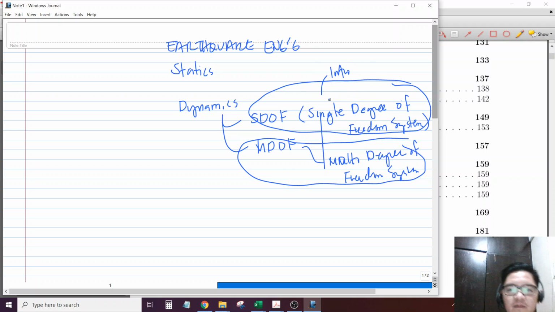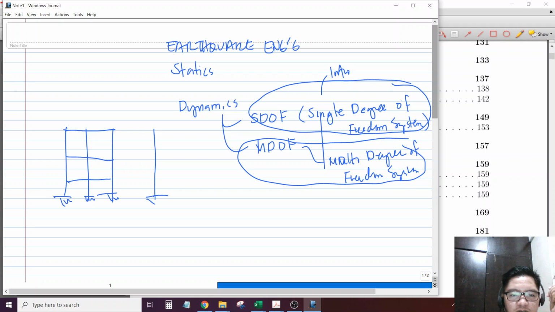We will discuss that. By the way, what is a single degree of freedom system? From the word single, it means one. We will assume our structure, originally from this drawing, is just a single structure, like a cantilever column.